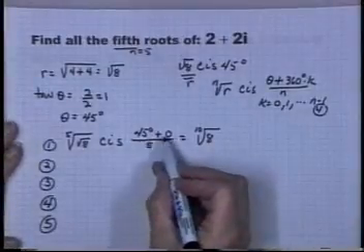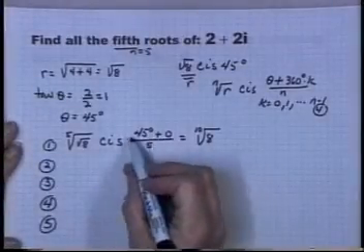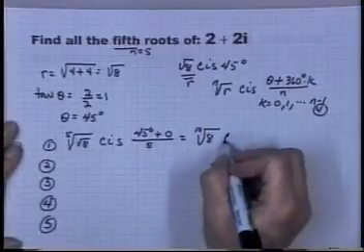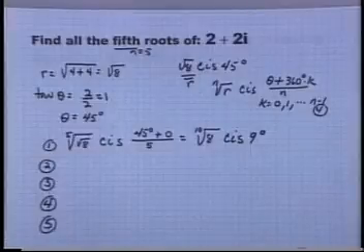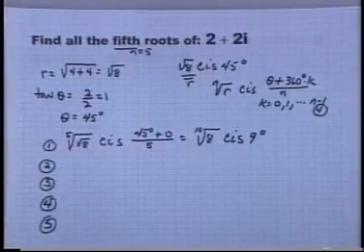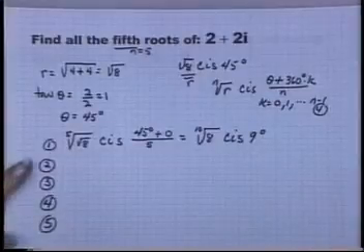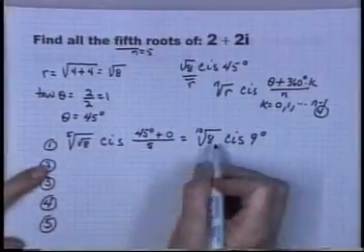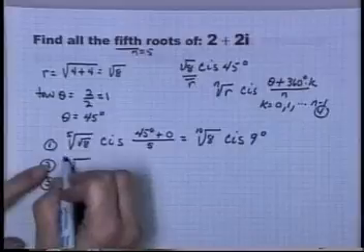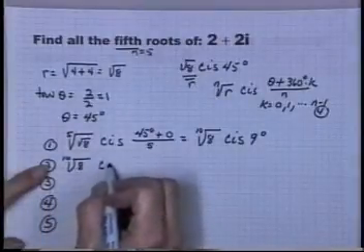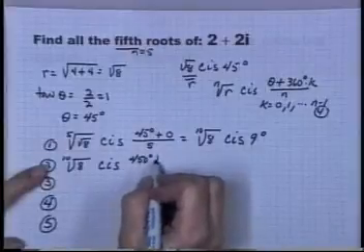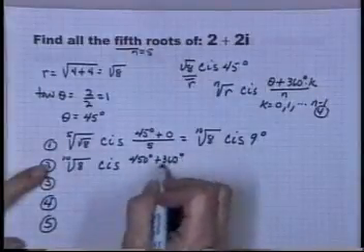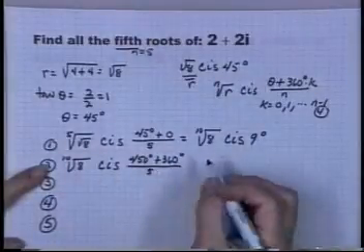Now, 45 degrees plus 0, of course, is 45. If we divide 45 by 5, we get 9. So I have the 10th root of 8 cosine plus i sine 9 degrees. That's my first fifth root. Okay, now on the second one, since we've already simplified that, we're going to do the 10th root of 8 cosine plus i sine. Now on this one, I'm going to add 1 revolution, so plus 360 degrees divided by 5.